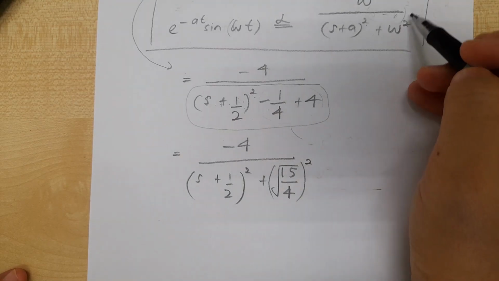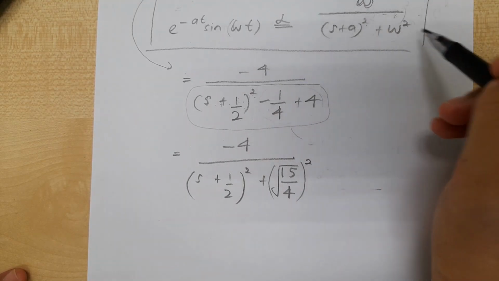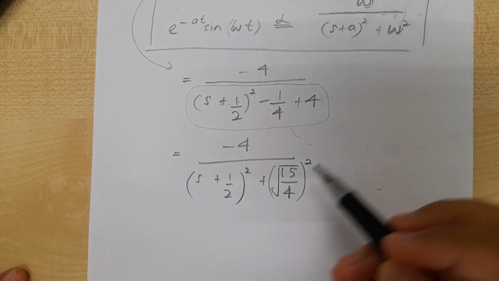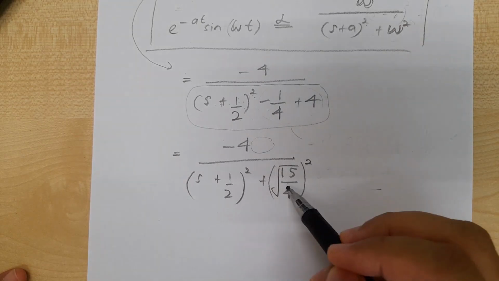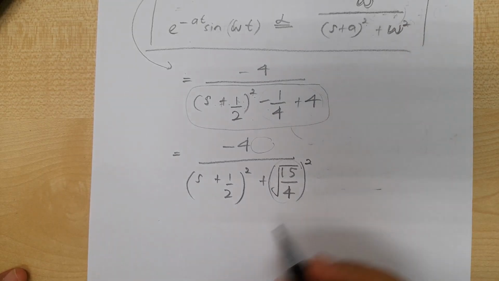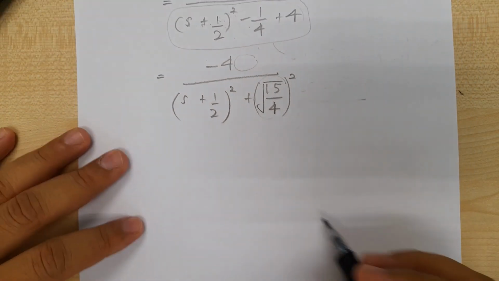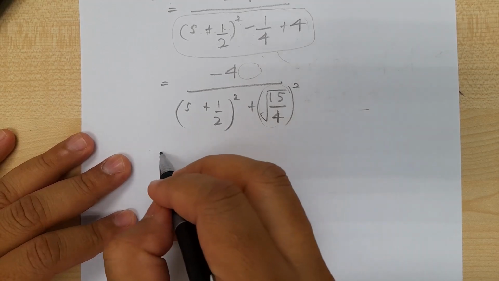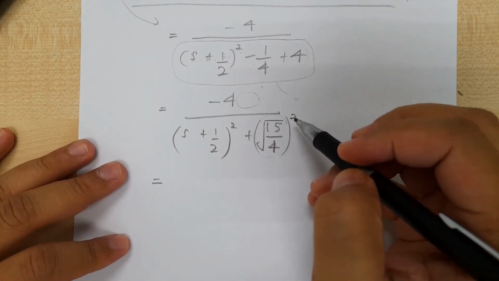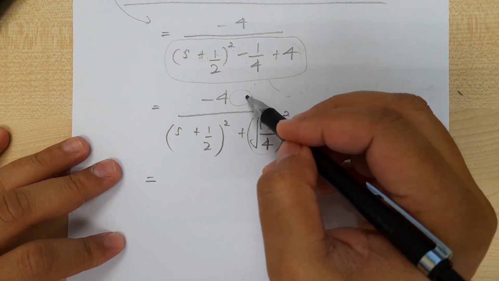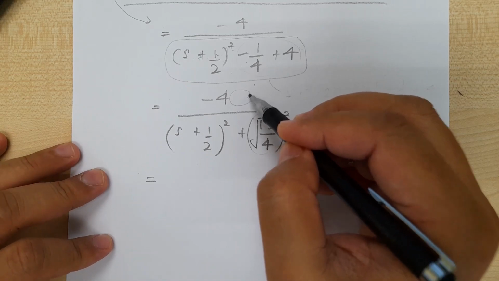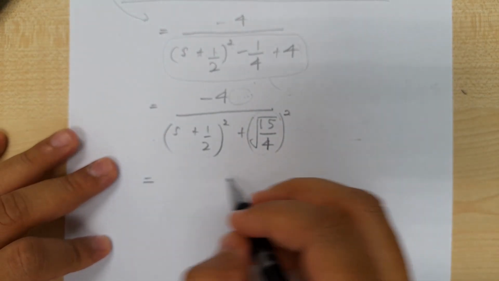The problem here is this omega must be the same as this value. That is not a problem. We can simply add this value up here, but in return we have to add this value as well.